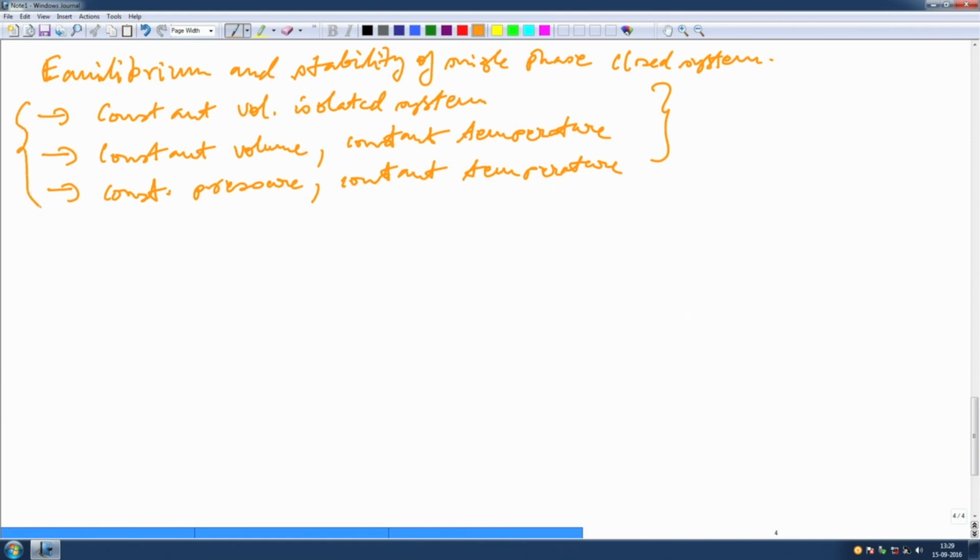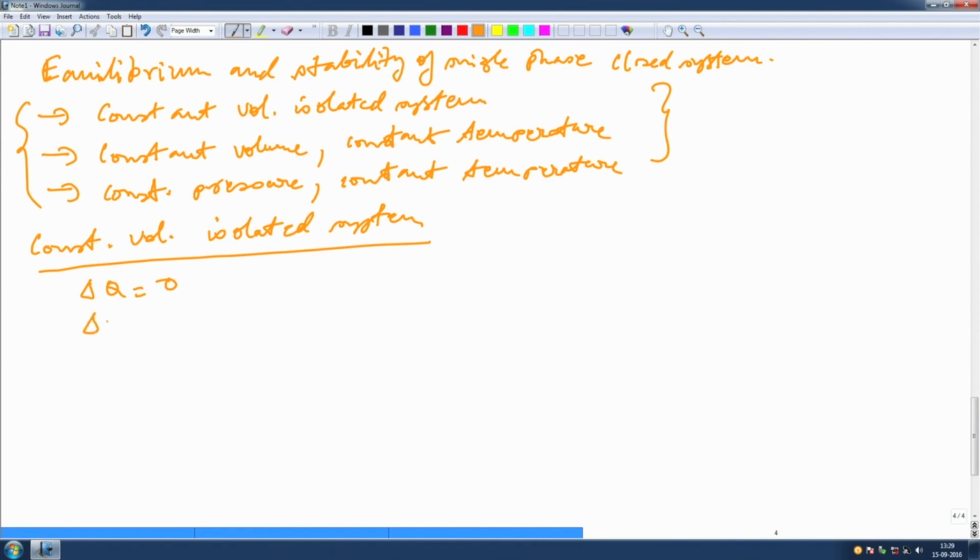Okay. So, the first one, which is basically a constant volume isolated system, let us look at that. In that particular system, as you know, because it is isolated, the net heat that is transferred is basically 0. Okay.